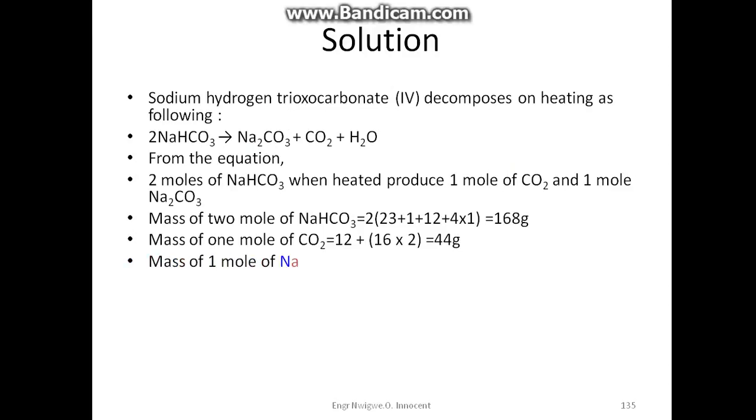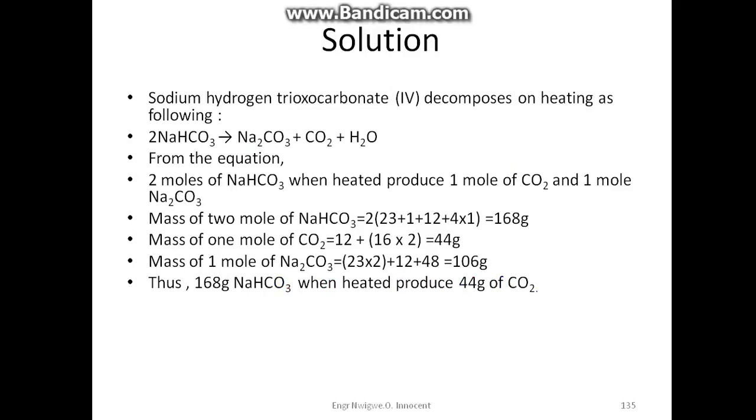The mass of 1 mole of sodium trioxocarbonate will give 23 times 2 plus 12 plus 48, which will give us 106 grams. Thus, 106 grams of sodium hydrogen trioxocarbonate when heated produce 44 grams of carbon(IV) oxide.